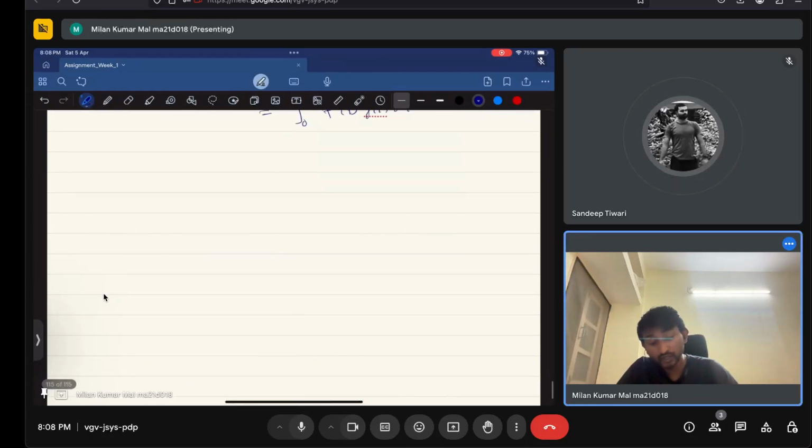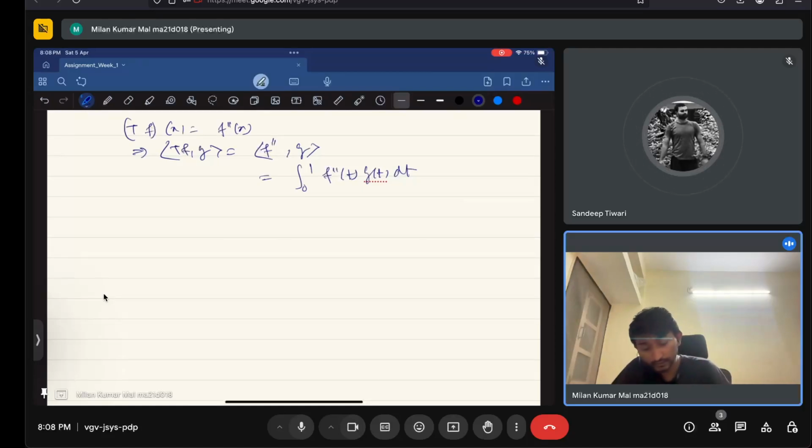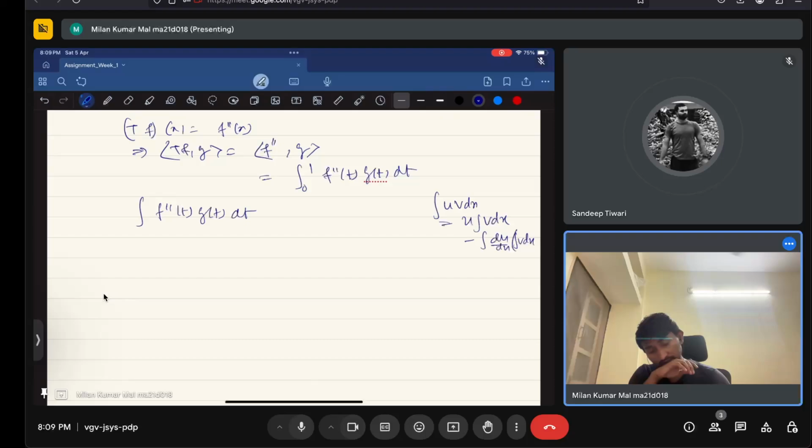I have to do the partial integration. The formula is integral of u v dx equals u times integral of v dx minus integral of du/dx times integral of v dx dx.